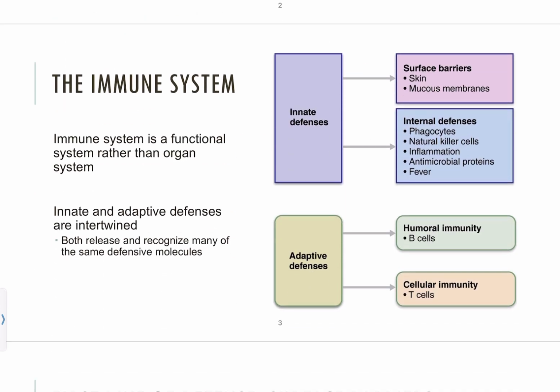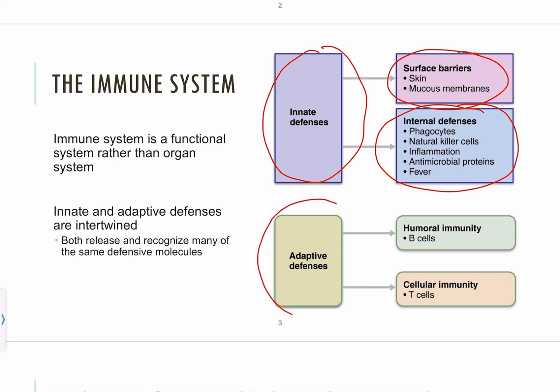Here's just a nice flow chart. So again, we're talking about our innate defense system as one of our systems, non-specific, including our surface barriers, and then our internal defenses. If our first line of defense is breached, we will call into play some different cells, antimicrobial proteins, inflammation, and fever, and we'll talk about all these in detail.